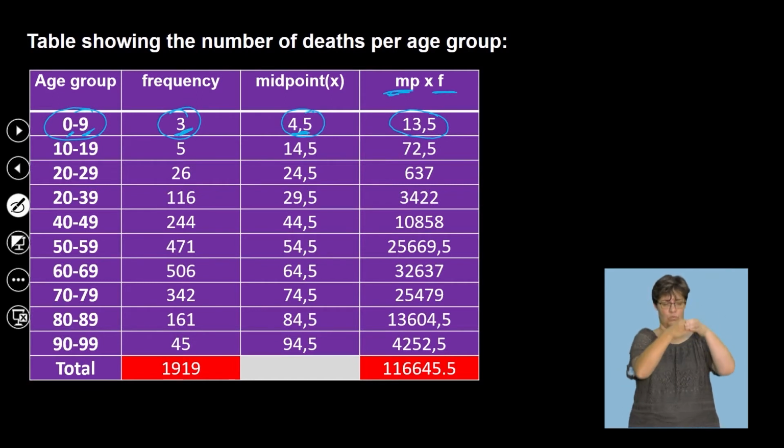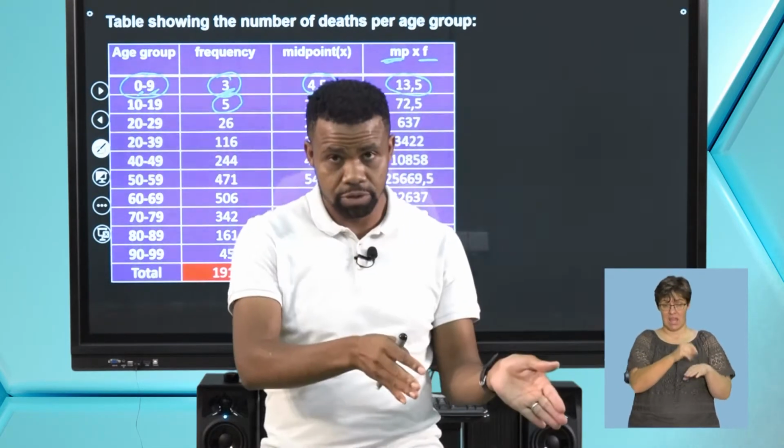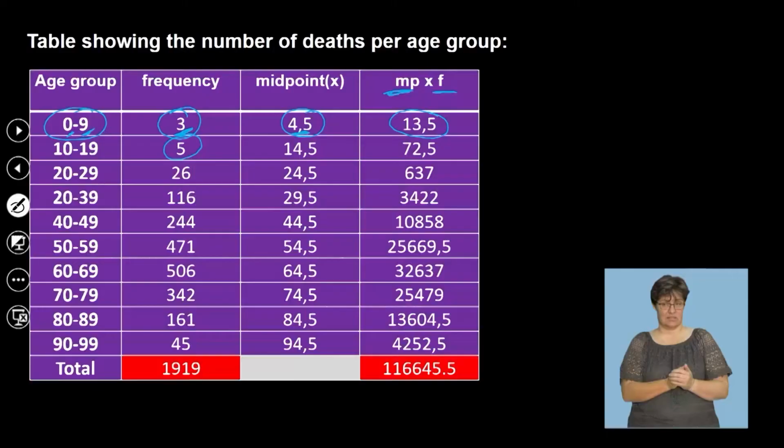From the age of 10 to 19, we do the same. The frequency is 5, meaning 5 people between the age of 10 to 19 died from COVID-19. The midpoint is 14.5. Are we together? Then we multiply, that's what we get.